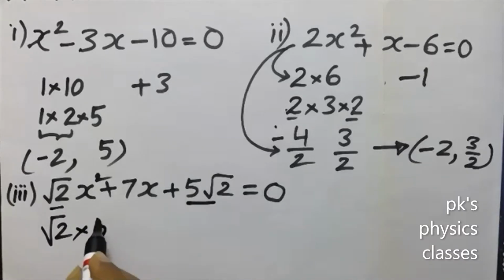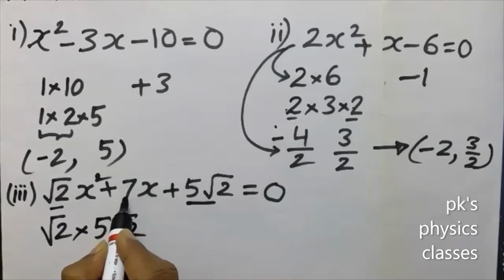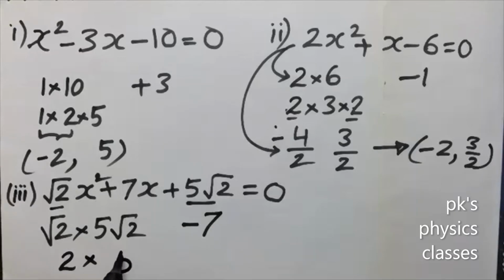Multiply them. And with the x, what is the multiple? 7. But with a positive sign, just write down minus 7. Now √2 into √2 is 2, and again into 5. Okay, just separately write down 2, 5.